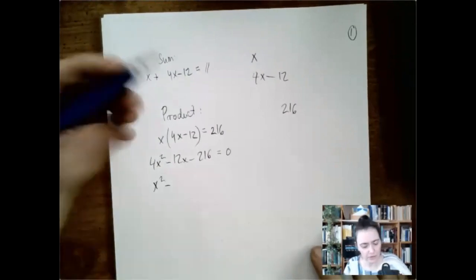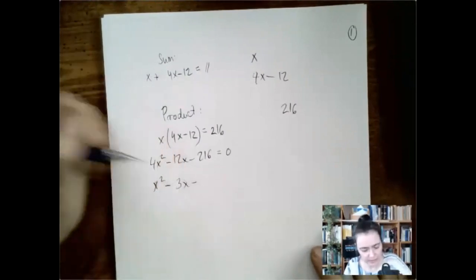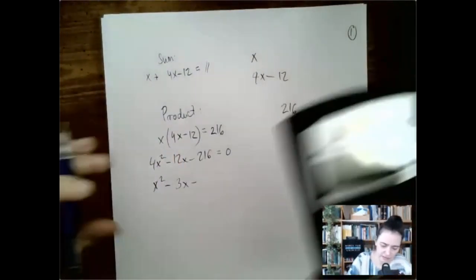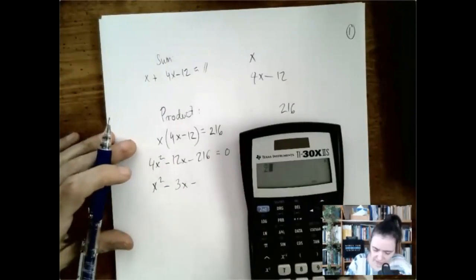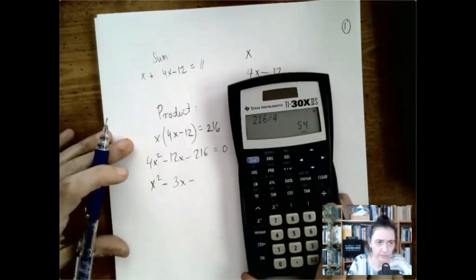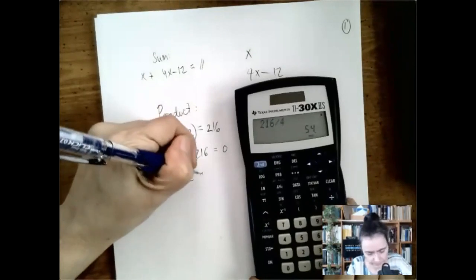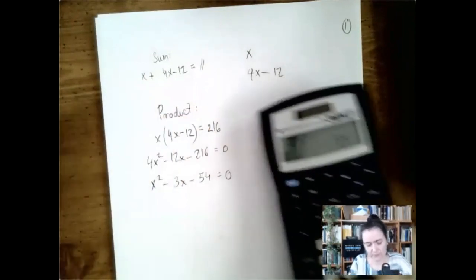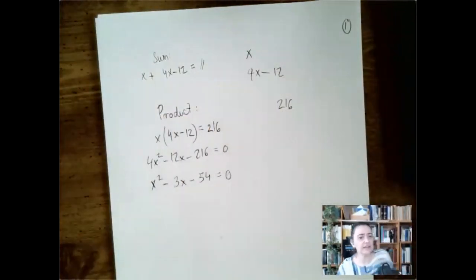Okay, so then it's x squared minus 3x minus 216 divided by 4, which is 54. Oh, right. And then trial and error, and I'm thinking 6 and 9, right?